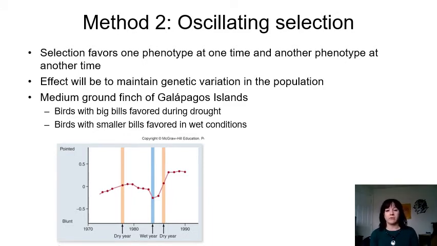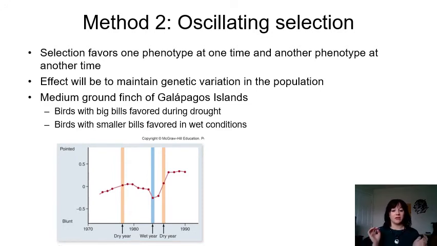And so in that population, over time, sometimes it was beneficial to have big bills, and sometimes it was beneficial to have small bills. And so what that means is that over decades, you're not going to be seeing one size bill becoming more common, right? Because what's happening is that you have this oscillation in the environment. So when the environment is changing a lot, that's going to promote variability.